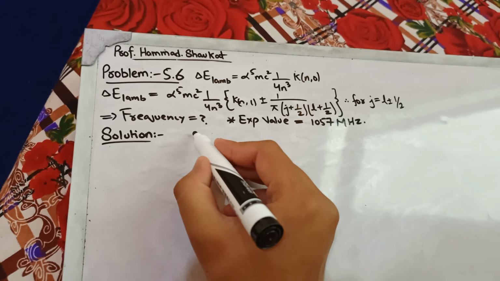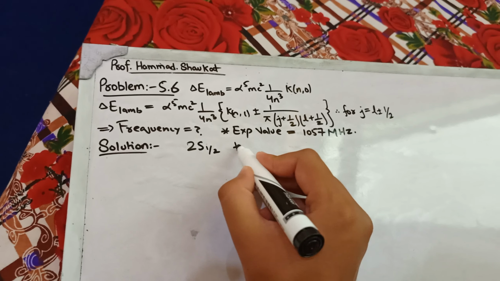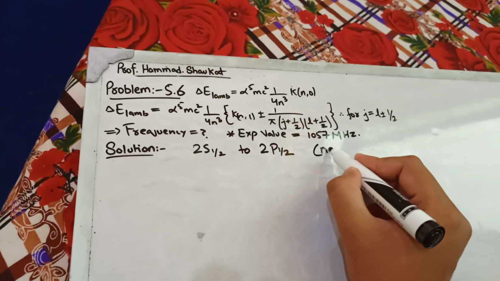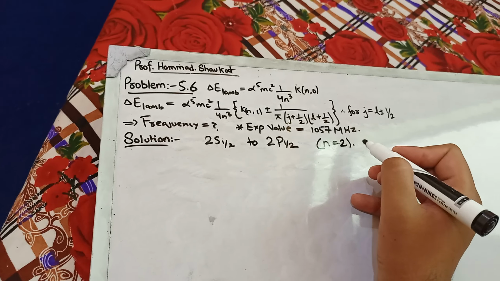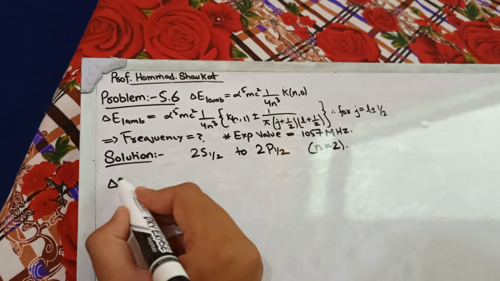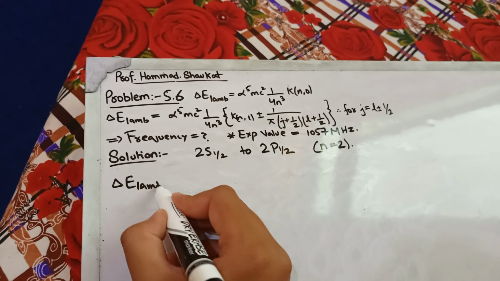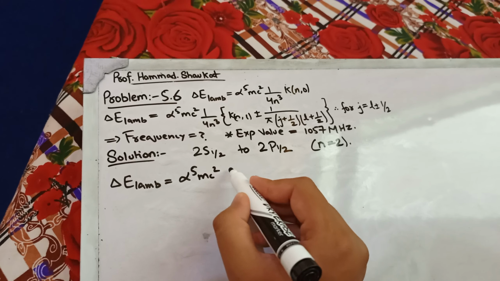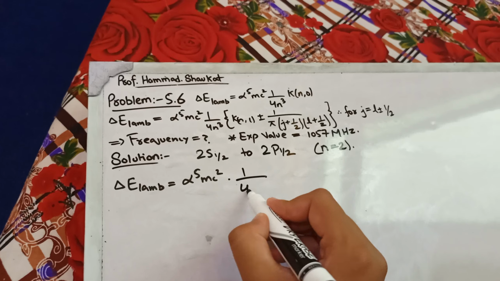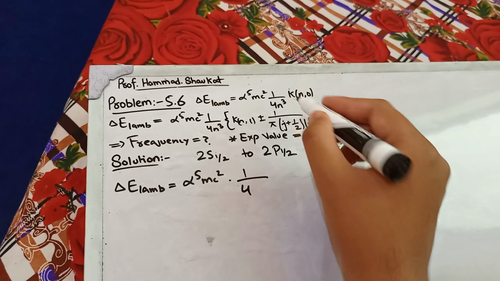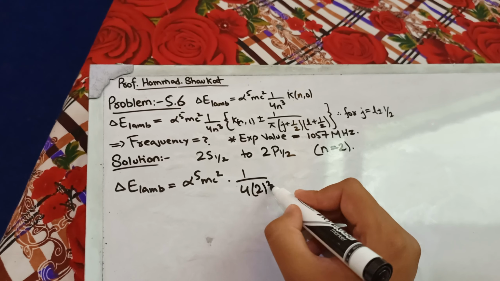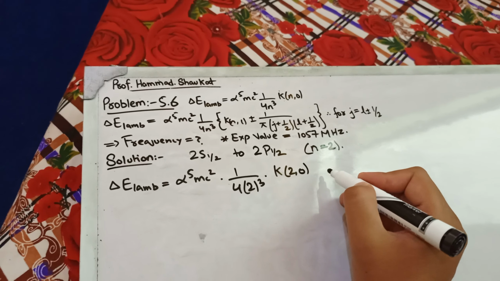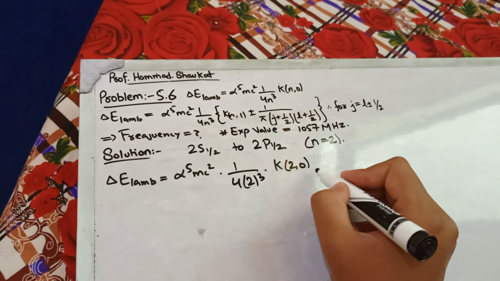Because the transition is from 2s 1/2 to 2p 1/2, you can see the value of n is 2, so you can substitute n equals 2. You also know that ΔE Lamb is basically equal to α^5 mc² times 1 divided by 4n³, and n is 2, so it is 2³, and this is k_20.